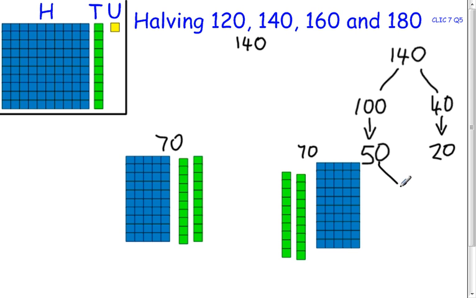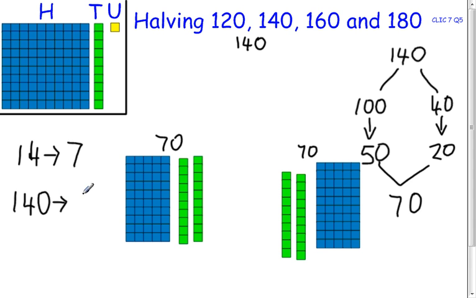And what happens when you put 50 and 20 together? You get 70. Another way of thinking about this is, if you know what half of 14 is, which is 7, well done, then that helps you to remember that half of 14 tens is 7 tens, which we normally call 70. Okay, so we're halfway there.